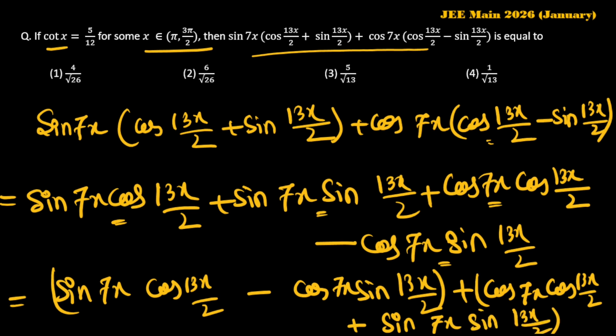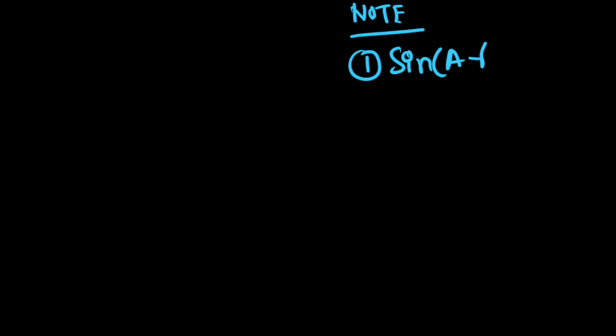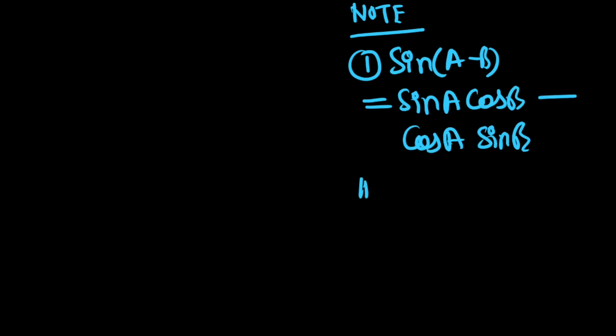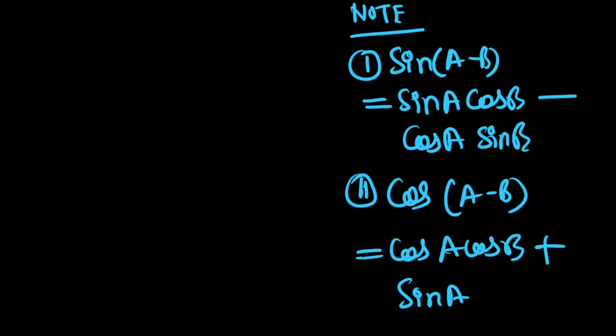So we use two formulas here. We write them as a note. First is sin(a − b) equal to sin a cos b − cos a sin b, and second is the cos(a − b) formula, that is cos a cos b + sin a sin b.